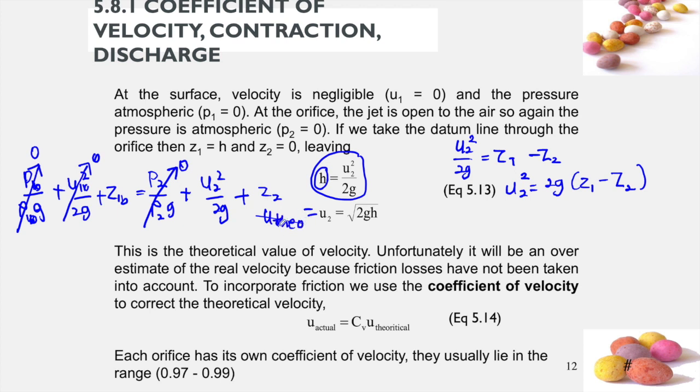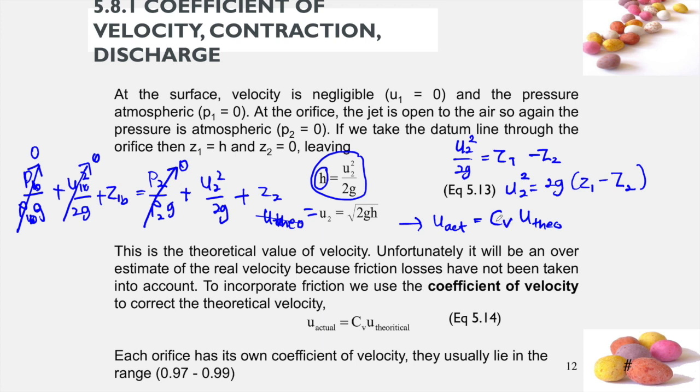So your u theoretical from this calculated value must be multiplied with the coefficient of velocity, and you will get u actual.